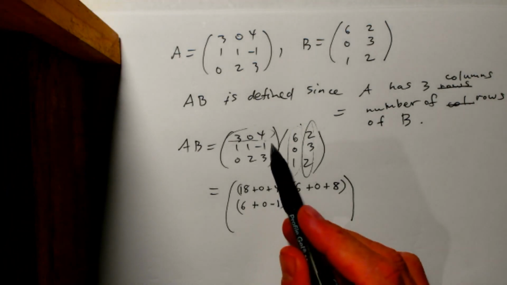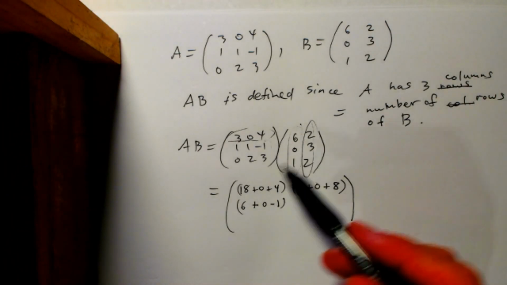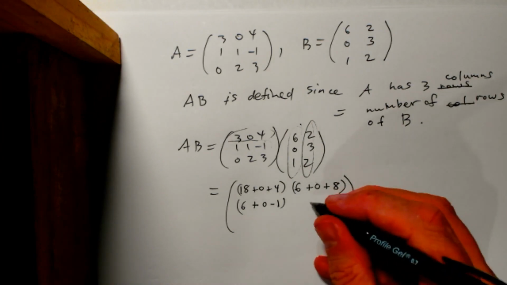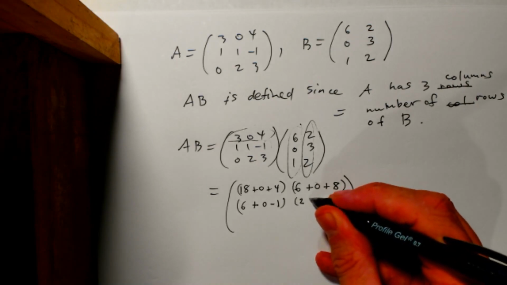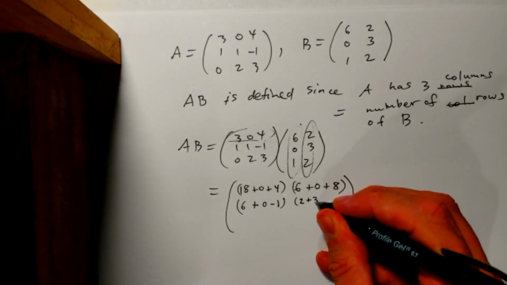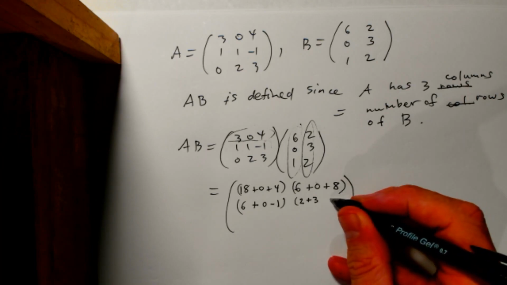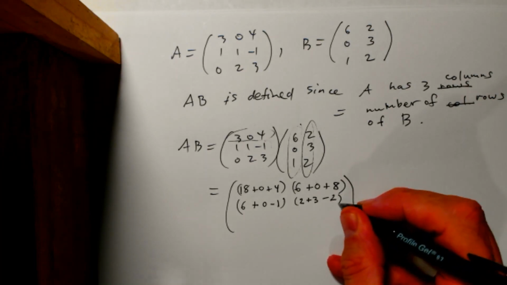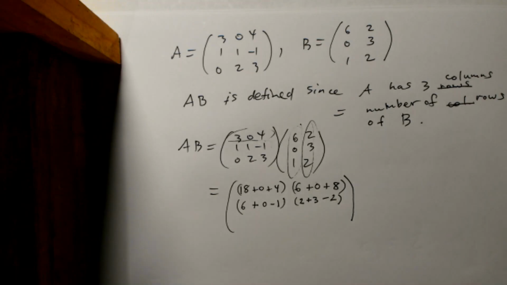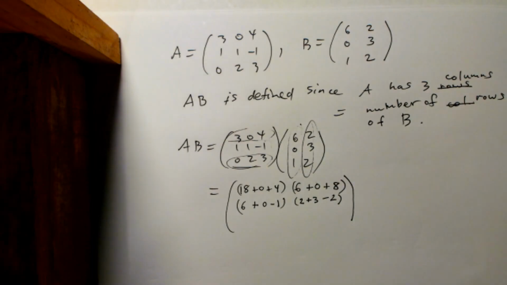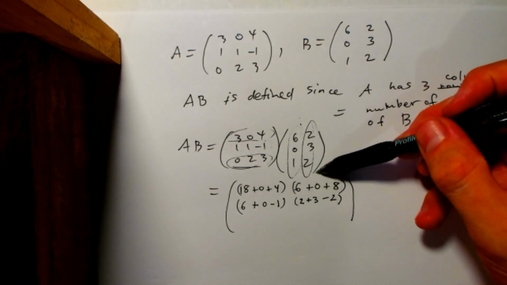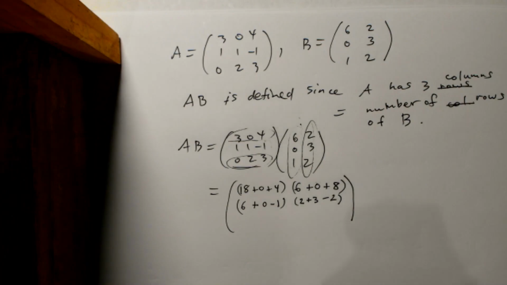Okay, next, second row of A times second column of B. So for this we've got 1 times 2 is 2, plus 1 times 3 is 3, plus minus 1 times 2 is minus 2. Okay, so we're done with that. So now we move on to the third row and we match this with each of the columns one by one.